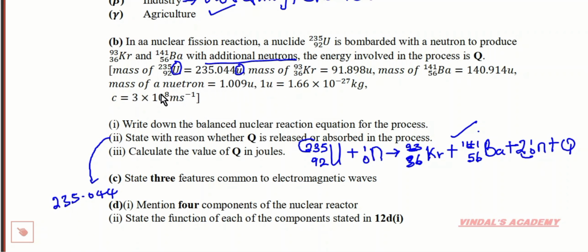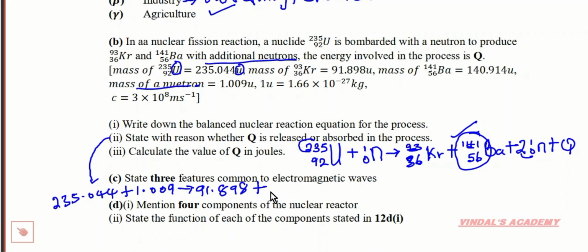Then the next one is this particular neutron. What is the value of the neutron? See, the mass of the neutron, which is going to be plus 1.009. And this is going to be with this, and then under krypton, 91.898 plus, what is the value of this one?